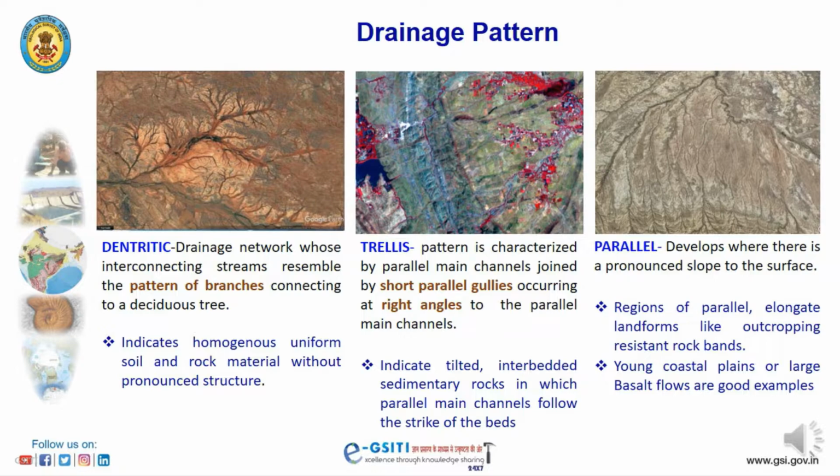These develop where there is a pronounced slope to the surface. Regions of parallel elongate landforms like outcropping, resistant rock bands show a parallel drainage system. Young coastal plains or large basalt flows are good examples of parallel drainage pattern.